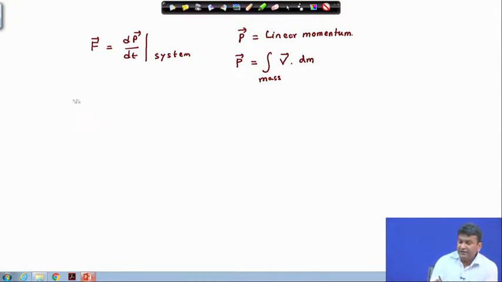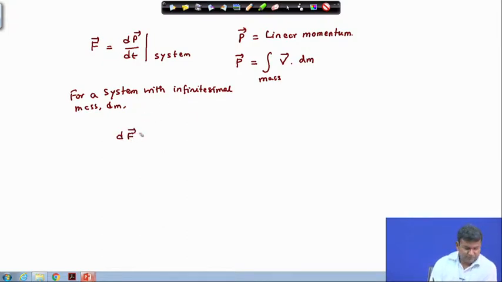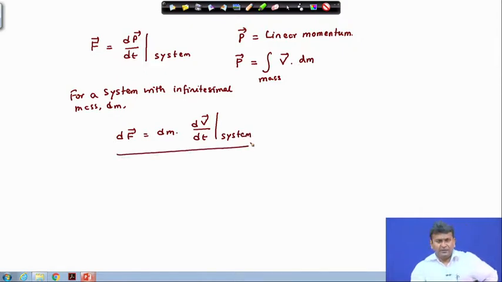For a system with infinitesimal mass dm, we can write Newton's second law as dF is equal to dm into dV/dt for the system, right. A little bit of vectorial notation I have used from Fox McDonald, but you can also do it in whatever way you would like to.